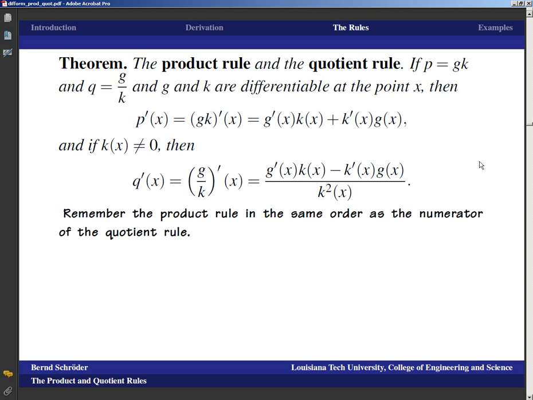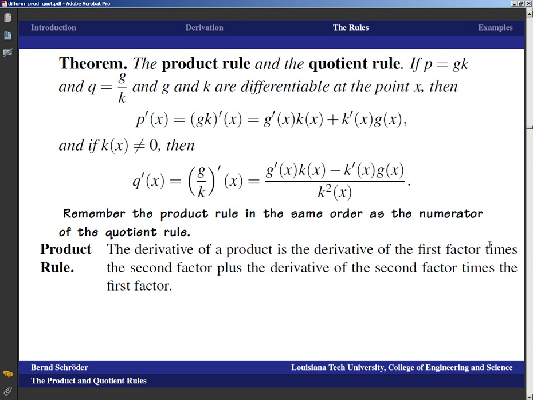Typically it was because students remembered the product rule one way and then tried to remember the quotient rule the other way, and then things just got misfired. In fact, when I was a student, the only thing I memorized was the quotient rule, and I remembered the product rule as just the numerator with a plus. So there are many ways to help your memory out here, and the main thing is you just need to have these rules available as you are doing mathematics.